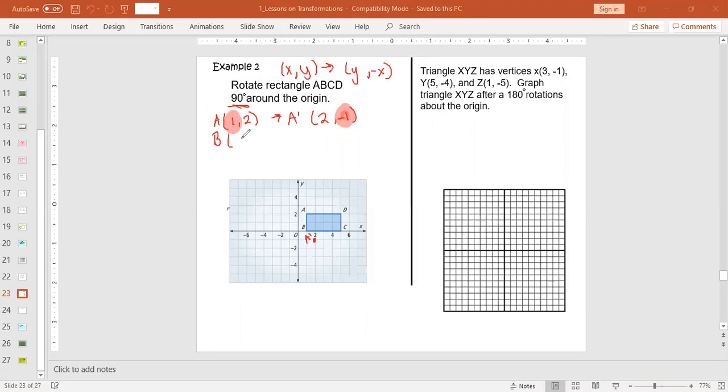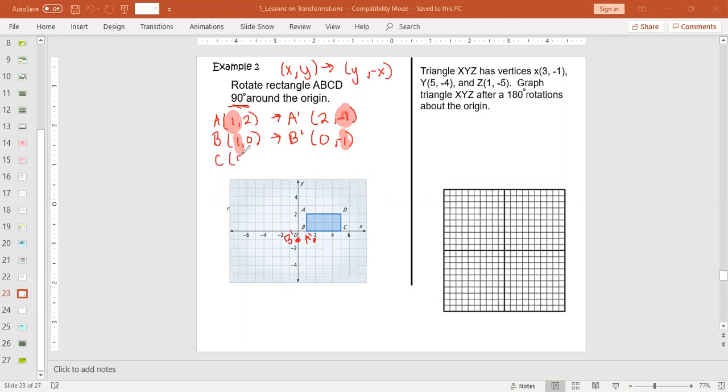B is at 1, 0. So B prime, we switch their places and we change the sign of what the x value was. So instead of +1, it's at 0, -1. So 0, -1 is right here. Here's B prime.